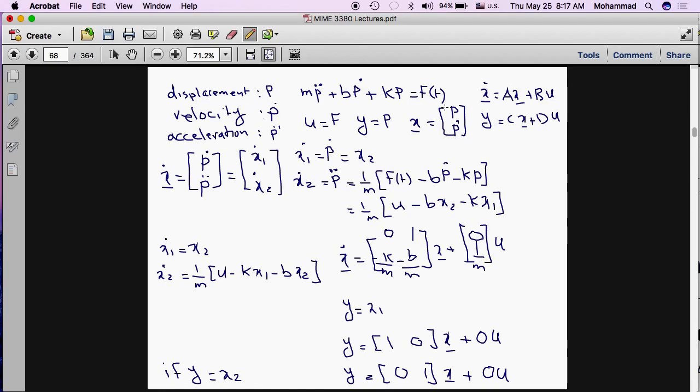Now we need to know which variables are our state variables. And I told you where you can look is the differential equation. So you can look to see what variable or variables are being differentiated in the differential equation. So you can see that the highest derivative is p double dot.